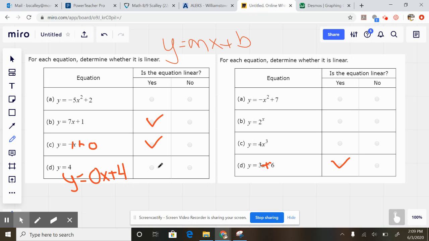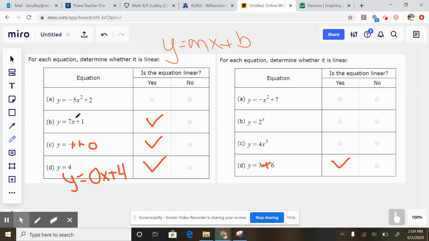Now, these other ones here are kind of complex, and you guys don't know how to graph these yet. What we have here are equations with exponents in them. This equation has an exponent of a 2, another exponent of a 2, this one has an exponent of x, and this one has an exponent of 3. Anytime your equation has an exponent that's other than 1, it's automatically going to be not linear.